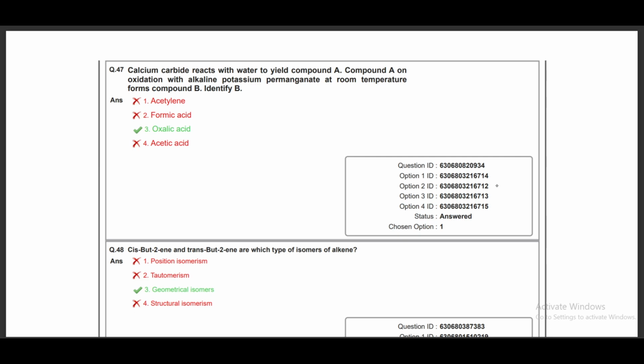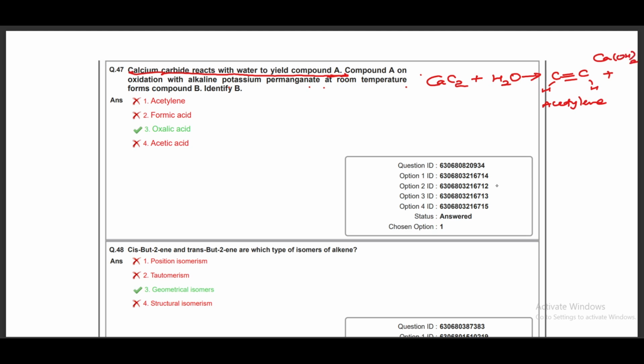So the next question is, calcium carbide reacts with water to yield compound A. Compound A on oxidation with alkaline potassium permanganate at room temperature forms compound B, and we have to identify compound B. First, calcium carbide, that is CaC2, reacts with water to yield compound A. Its compound will be acetylene plus calcium hydroxide.